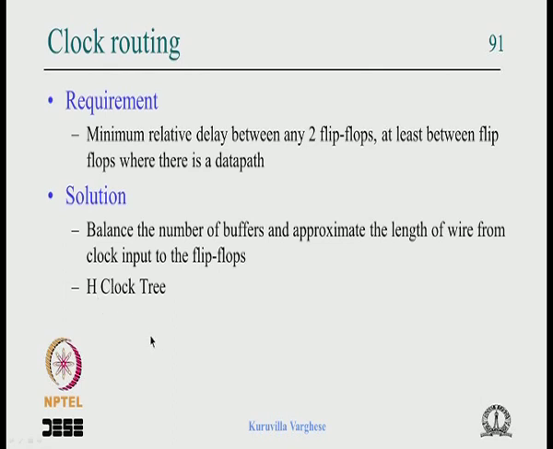In a VLSI chip, when you do the clock routing, you have to make sure that the clock tree is H shaped, but in an FPGA it is built into the FPGA fabric.